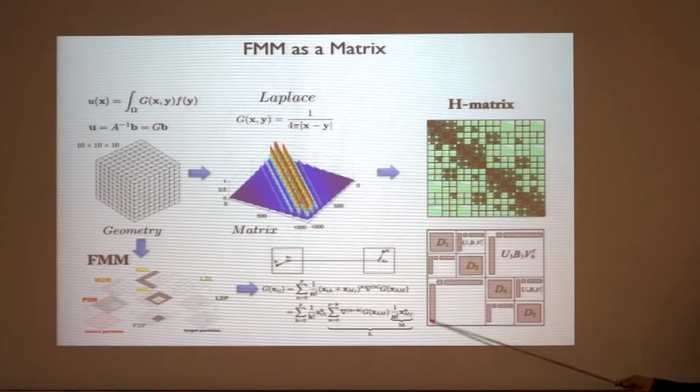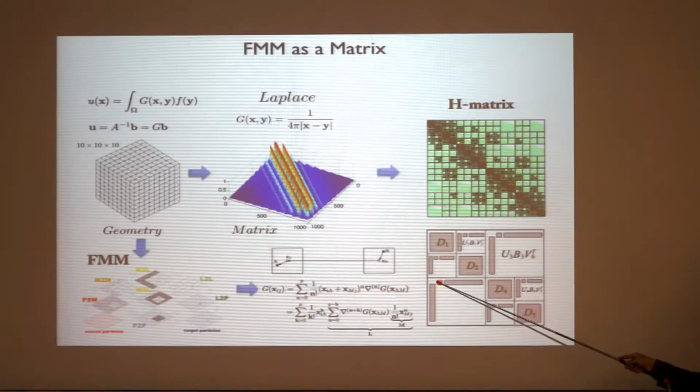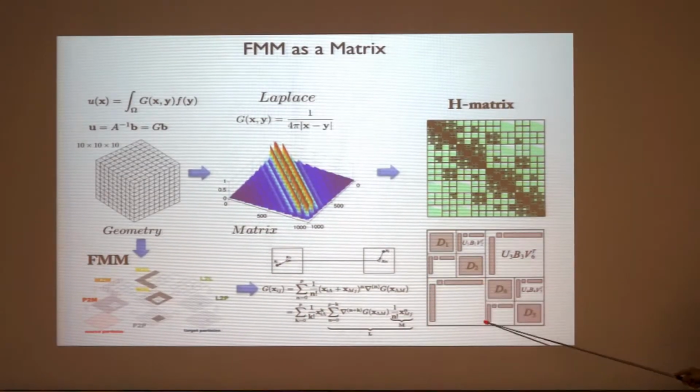So you can represent this big dense matrix, so say that this was completely dense and full of numbers, with very few numbers, and if you do this multiplication of this times this times this, it will reproduce the big dense matrix.